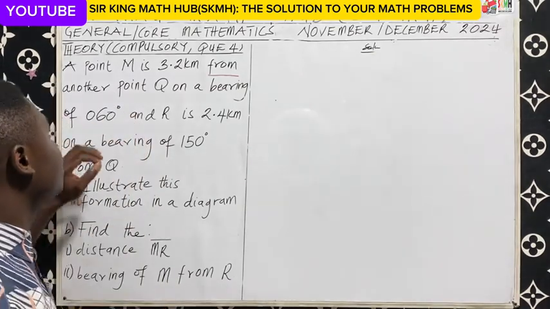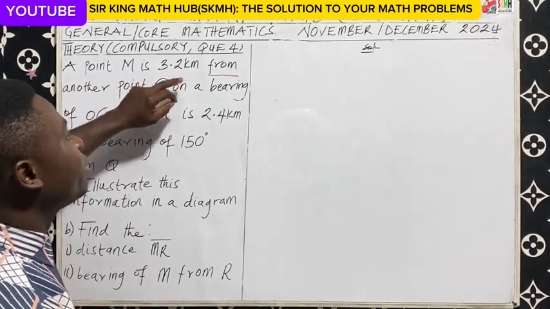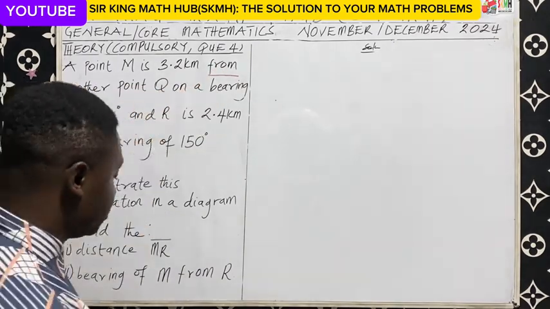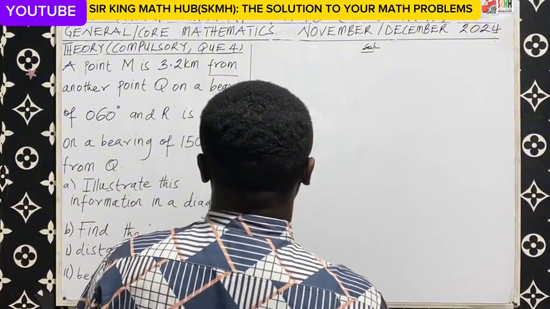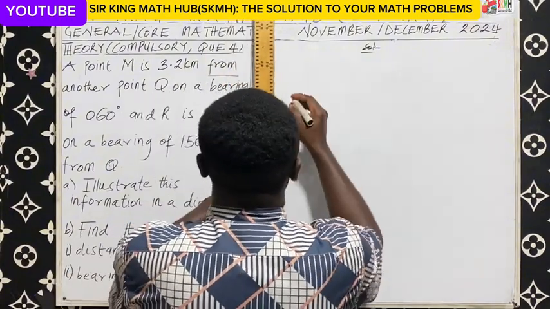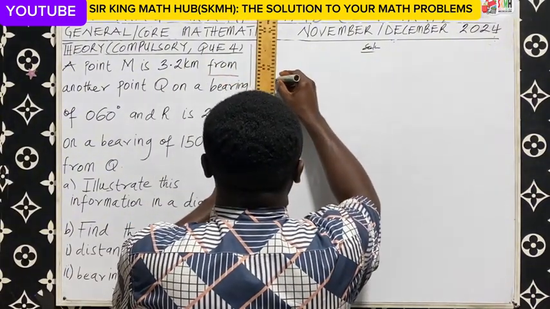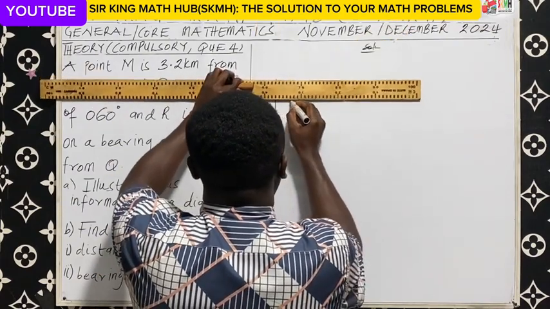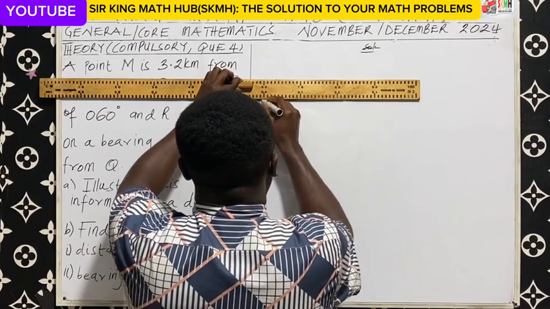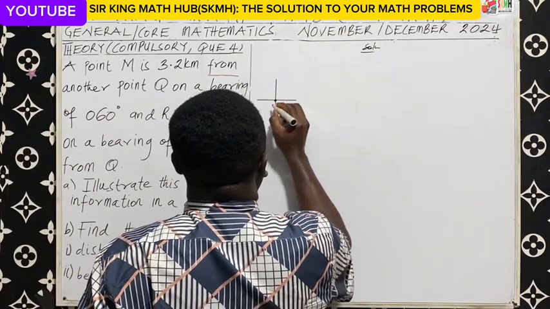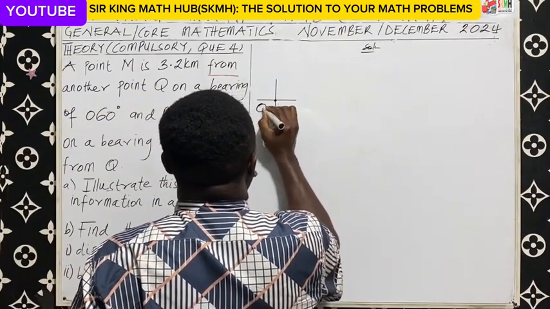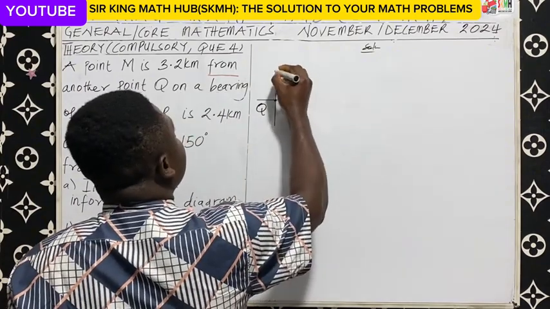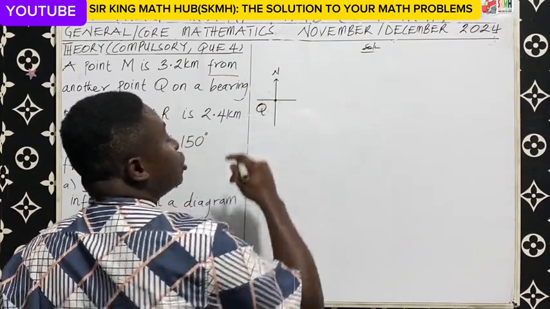So as you can see, the point M is 3.2 kilometers from point Q. So meaning that, first of all, we need to draw our point Q. So this is point Q. And this is our geographical north.